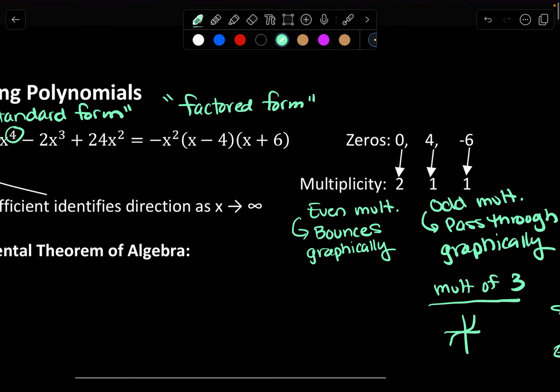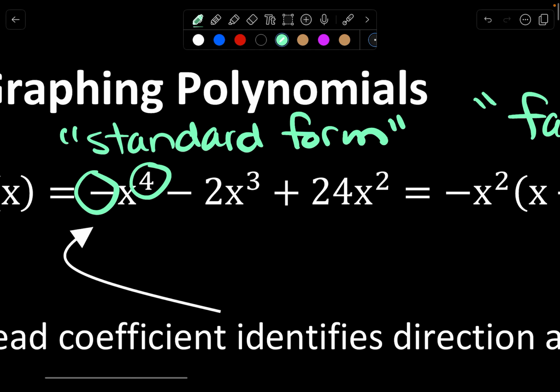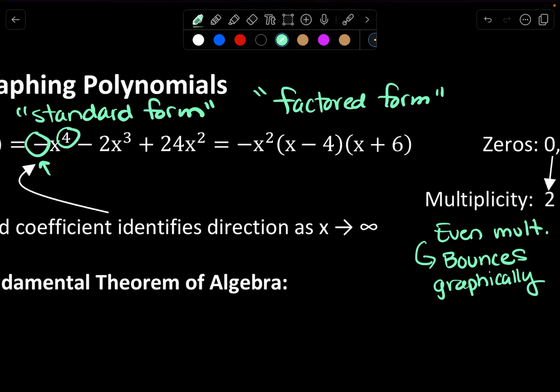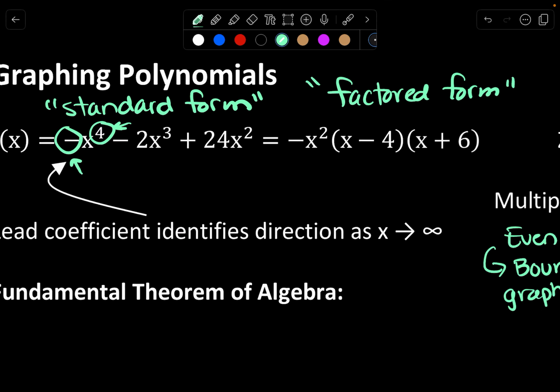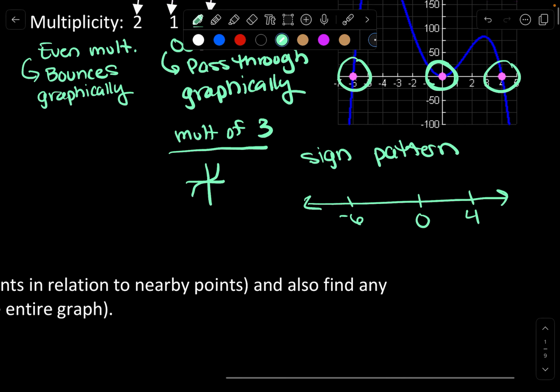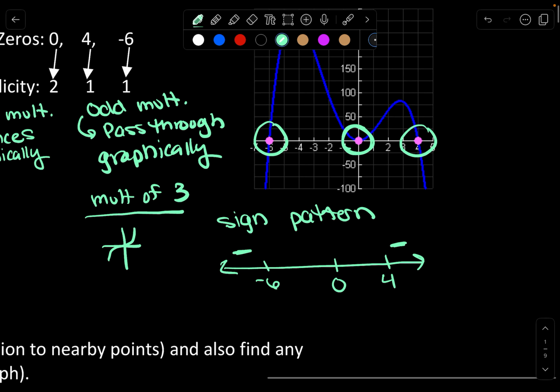So if we go back to the standard form, we can see that this is negative x raised to the 4th. That negative tells me that the right side of the graph will be going down, but that 4 tells me that the negative side will be doing the same as the positive side. So that negative in front of the x to the 4 tells me that this is negative, but because it's an even degree, both of them will be going in the same direction, which is negative infinity.